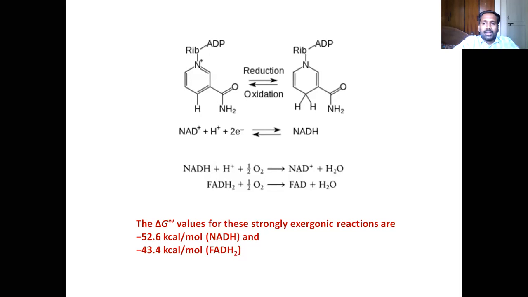Now, why are cells far more efficient than engines which have been created by man? What are these engines basically?